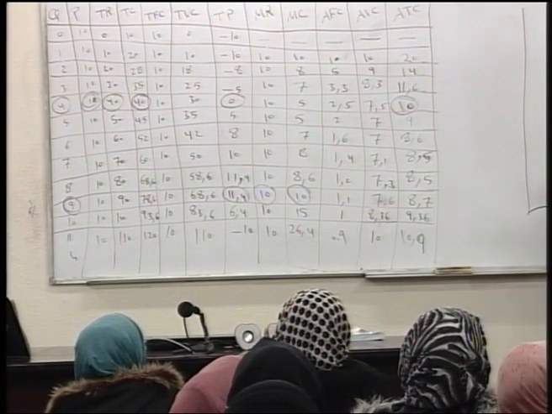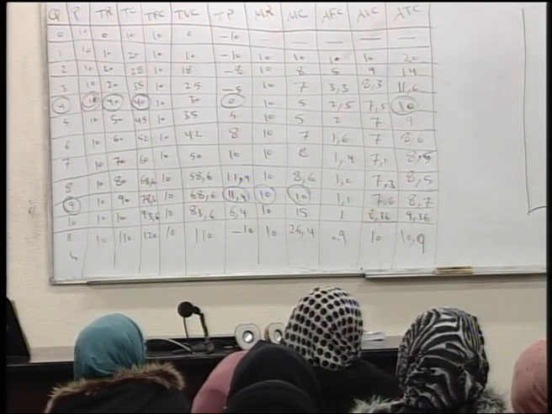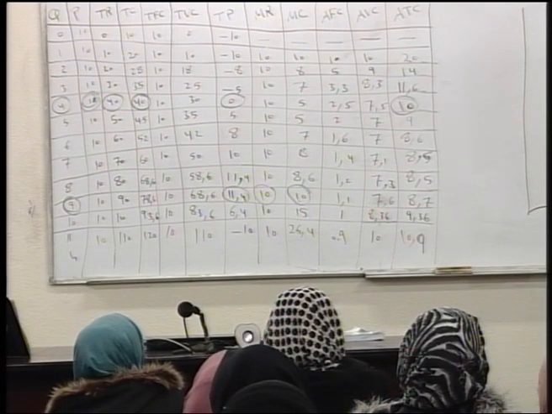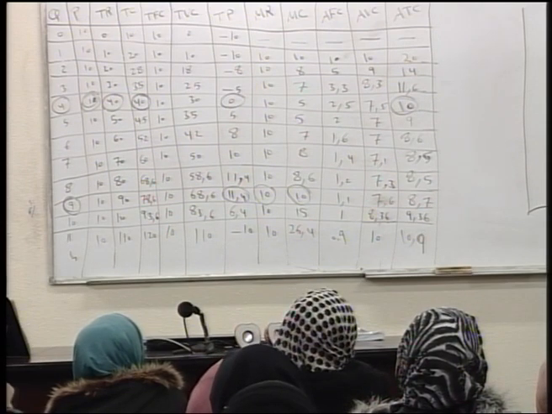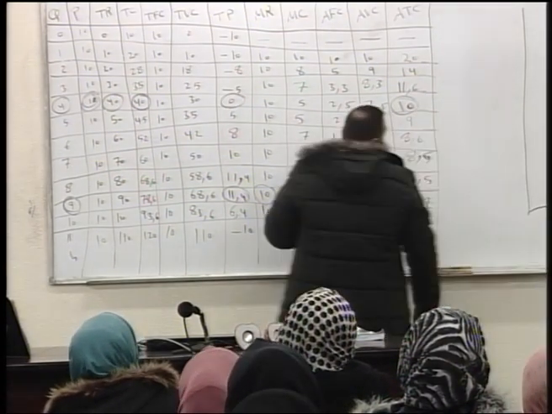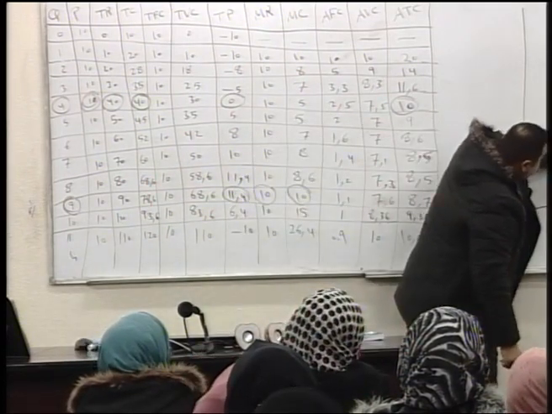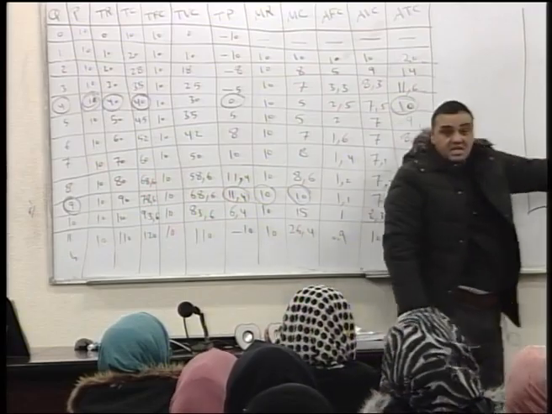When the AVC is bigger than MC, the AVC is decreasing. Who is higher than whom? AVC is bigger than MC, right? Up to here, AVC is decreasing.